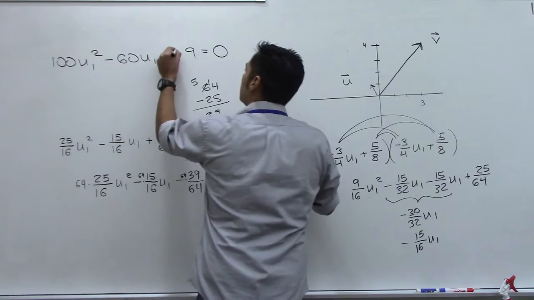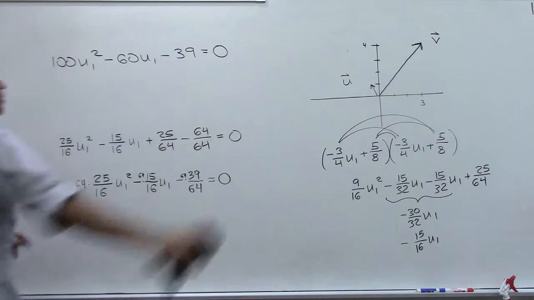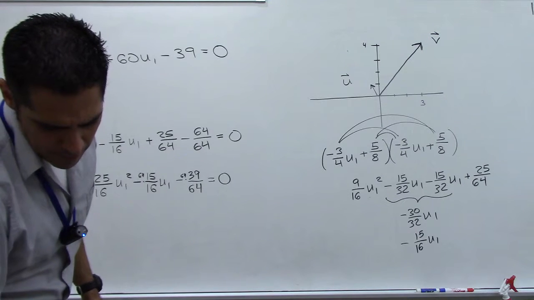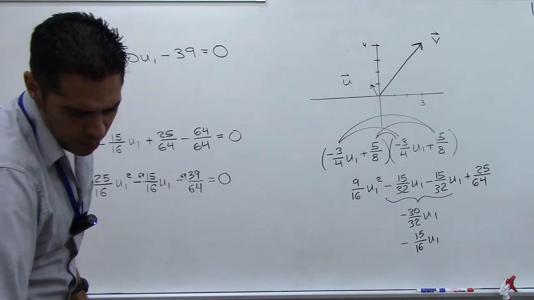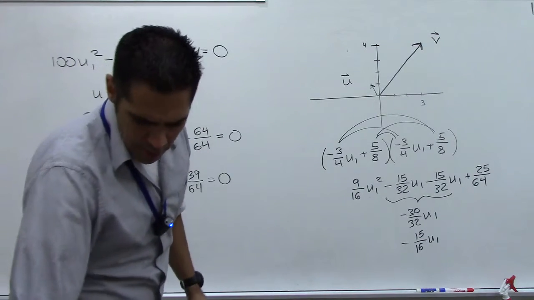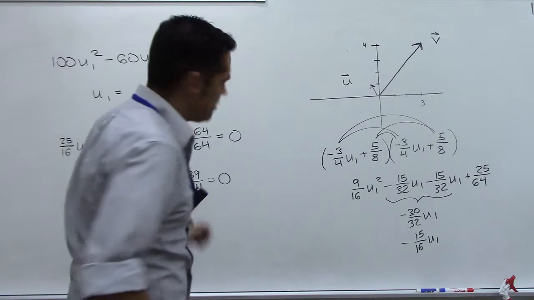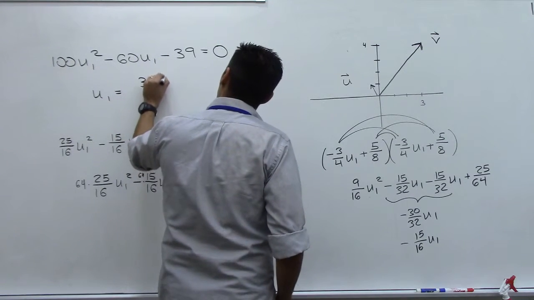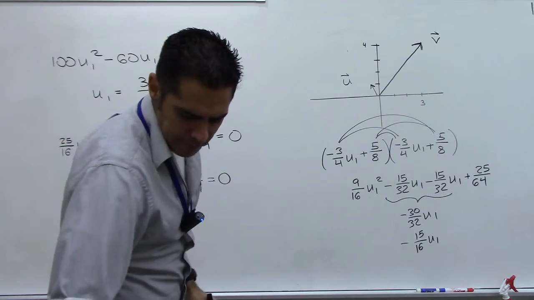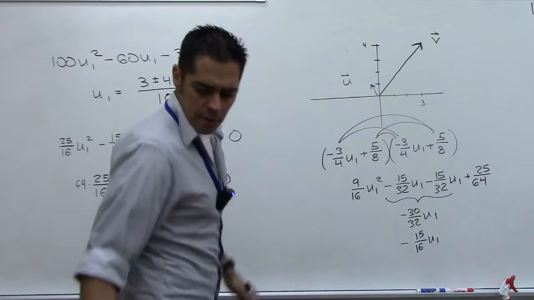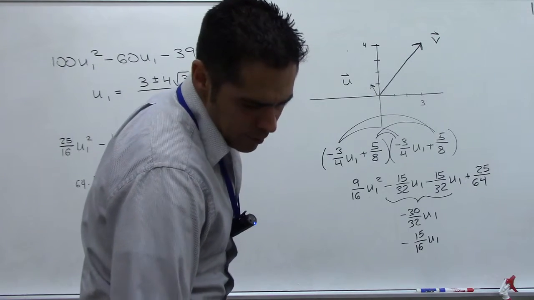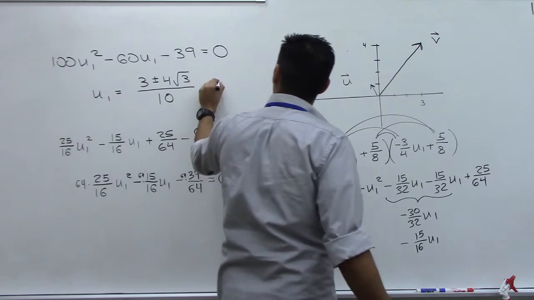39. All right, so you use your quadratic formula, and I'll just tell you what we get for the answers here. You get u1, after you simplify, is equal to 3 plus or minus 4 root 3, all over 10, which is approximately, well, there's two different answers here, so I'll give you both.